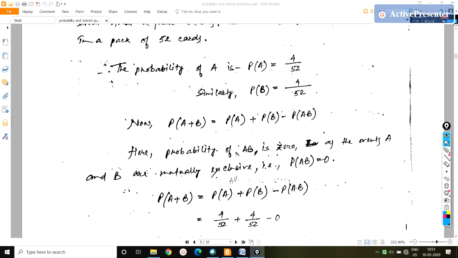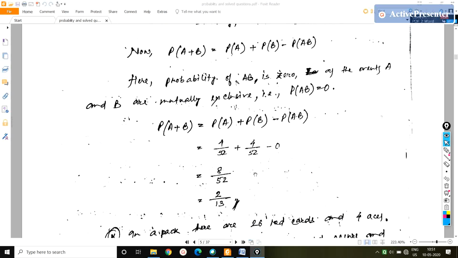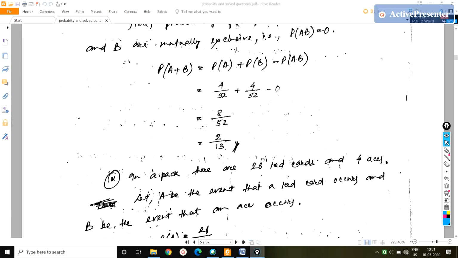So it simply reduces to P(A+B) = P(A) + P(B), which is 4/52 plus 4/52, that is 2/13 on simplification.